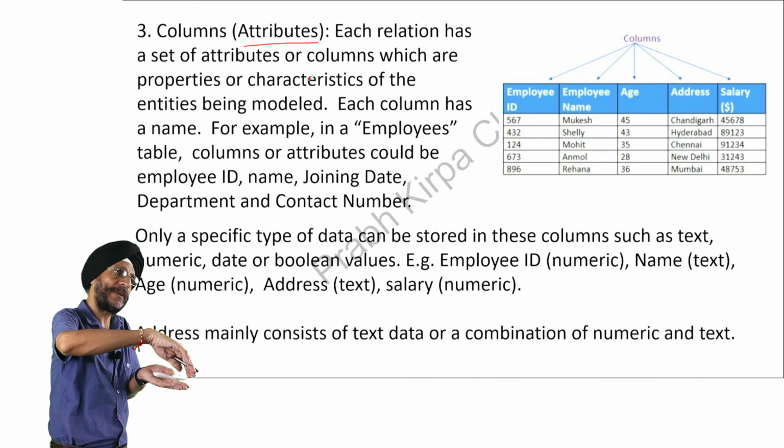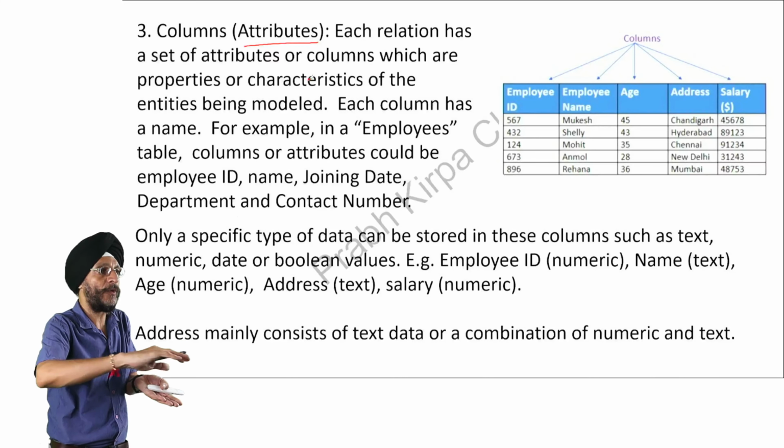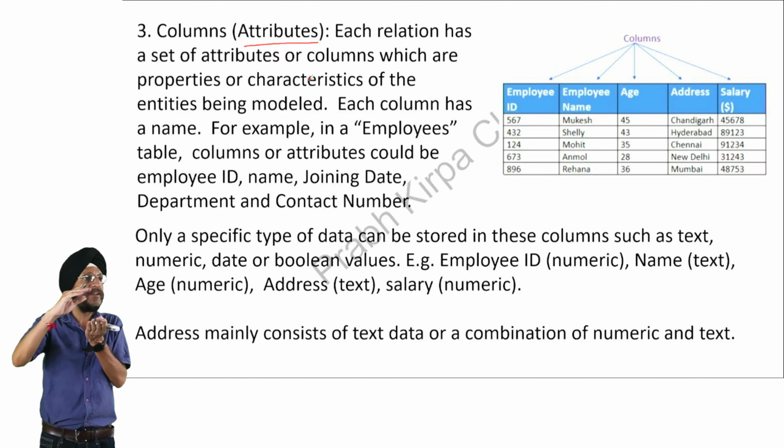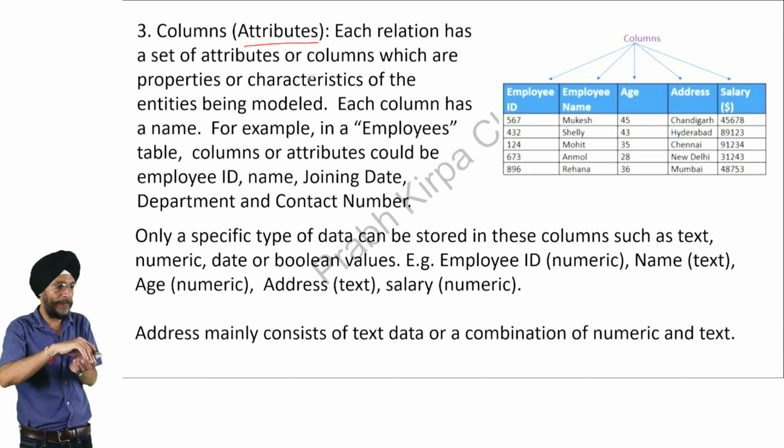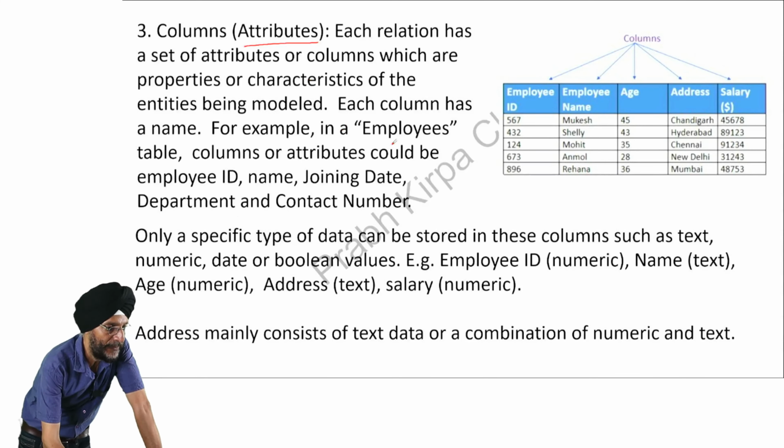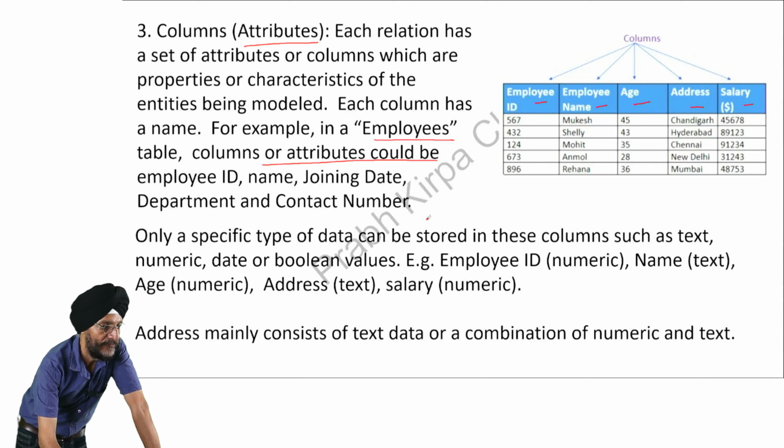If we have an employee table, all the columns will have data about employees. For example, in the employees table, columns could be employee ID, employee name, age, address, salary, etc.